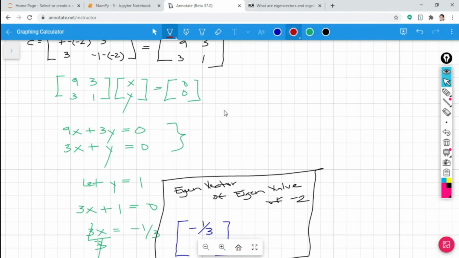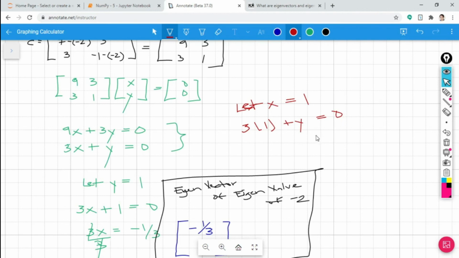So I substituted x here: 3 times 1 plus y is equivalent to 0.